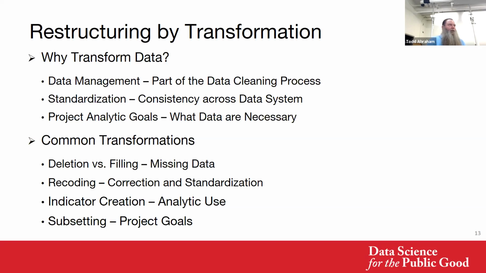Second type of common transformation is recoding data. And this is a case where you're again working to either correct something that's changed. You're not altering the data, the spirit of the data. You're altering how the data is represented in a file over time or across systems. This falls back on things like standardization.